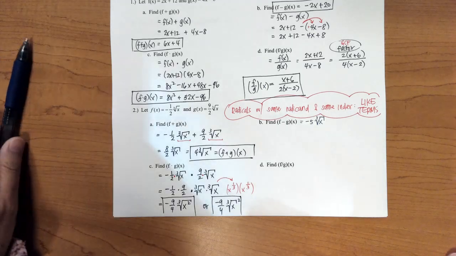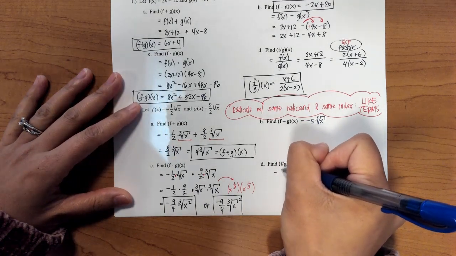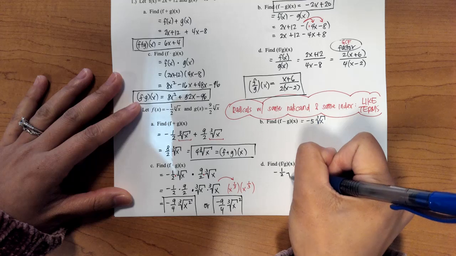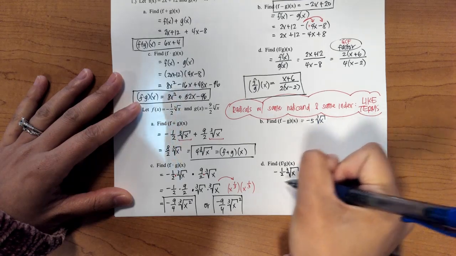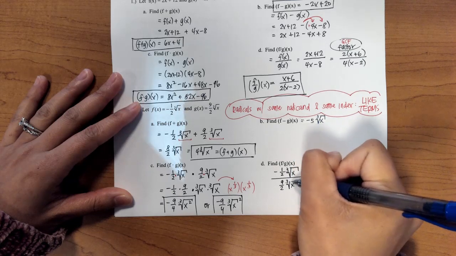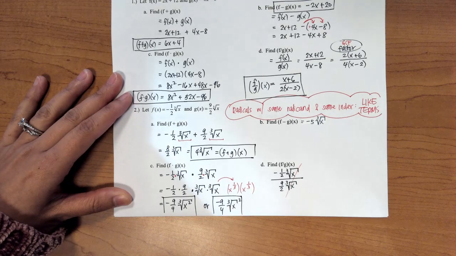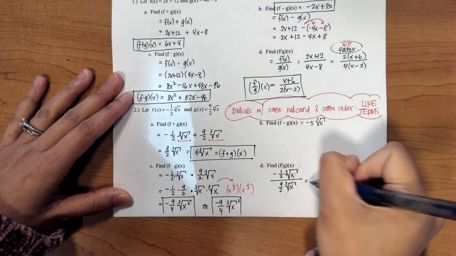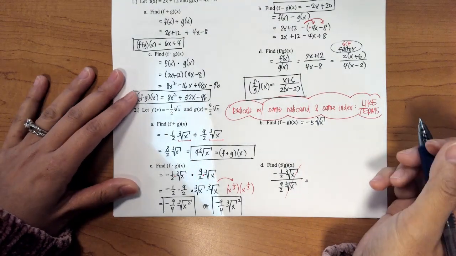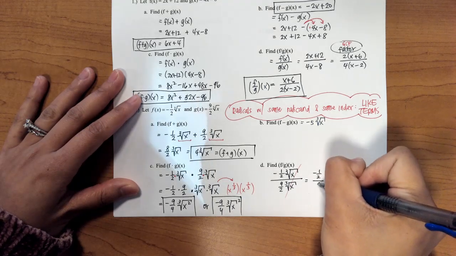Okay, next one. We're going to divide. Negative 1/2 cube root of x over 9/2 cube root of x. Okay, this one is sort of my favorite because look, these cancel out. And I hope you guys remember, but if not, let's go over it.